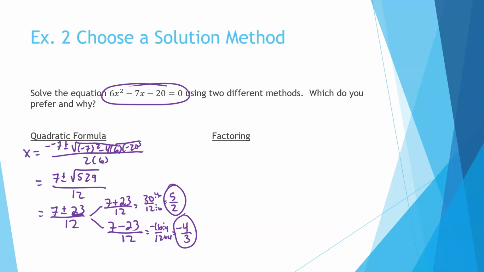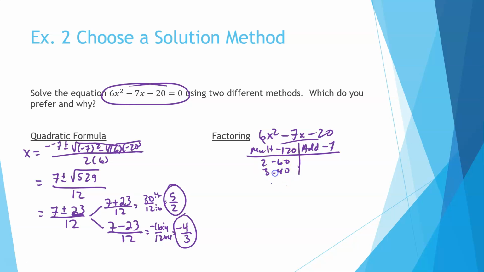Having said that, we did learn already this year, earlier this chapter, how to solve this same problem by factoring. And it would work in this case. This is where I would multiply to get to -120 and find two things that add to -7. So we talked about making the table, but then I'd have to go through 2 times 60, 3 times 40, so on and so forth.